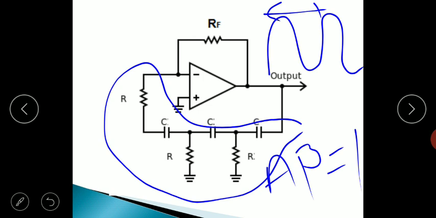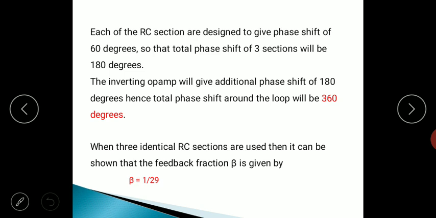So to write the expression for the frequency of oscillations of this circuit, first we'll see the feedback fraction of this circuit, and the gain of this circuit, and then we'll write the frequency of oscillation. So here each RC section is designed to give a phase shift of 60 degrees, total phase shift is 180 degrees, and the op amp gives 180 degrees.